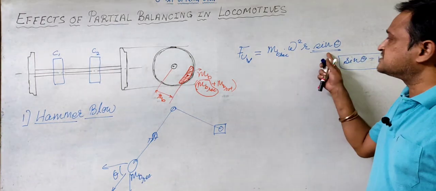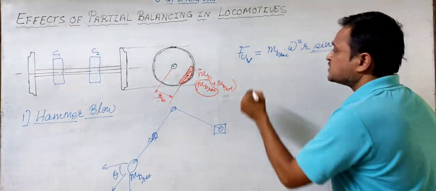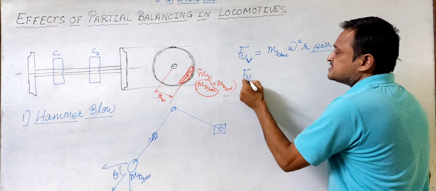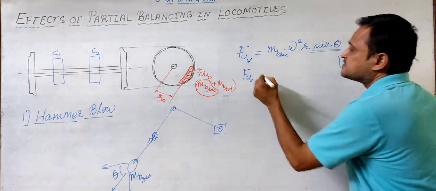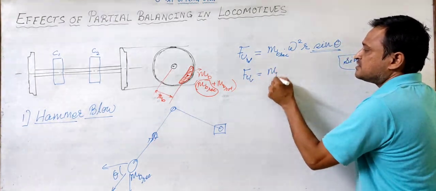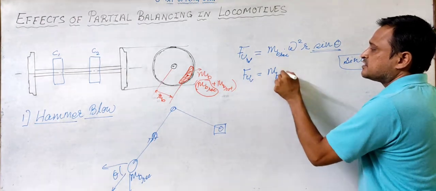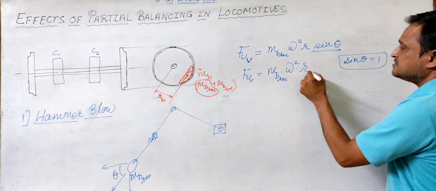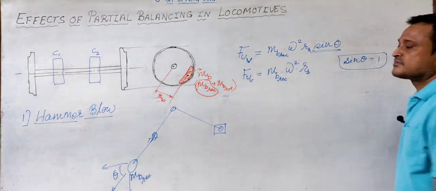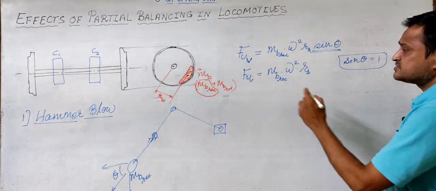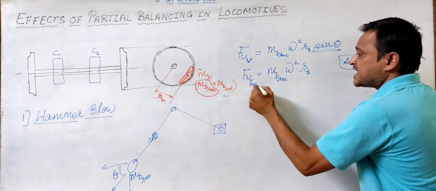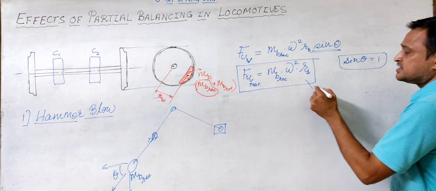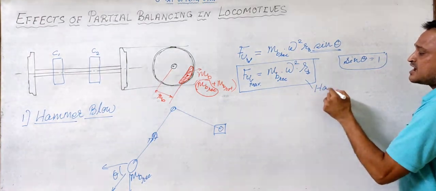So the vertical unbalance due to this mass will be MB reciprocating omega square RB. This is the maximum value, and this maximum value is called the hammer blow.